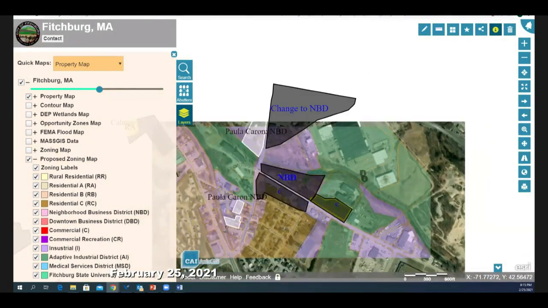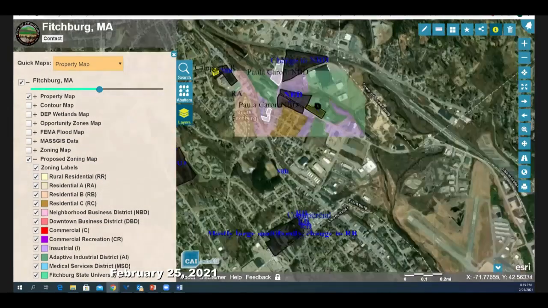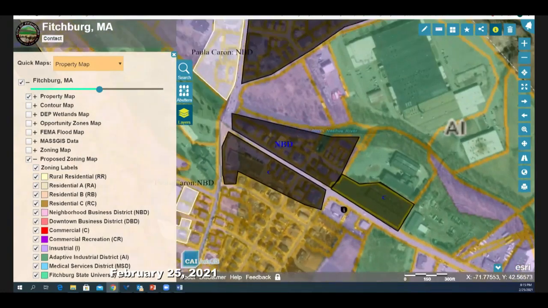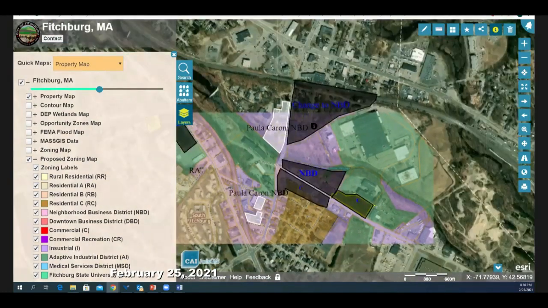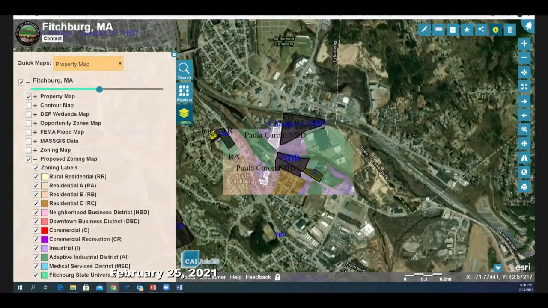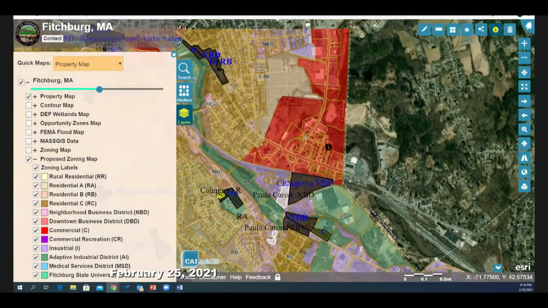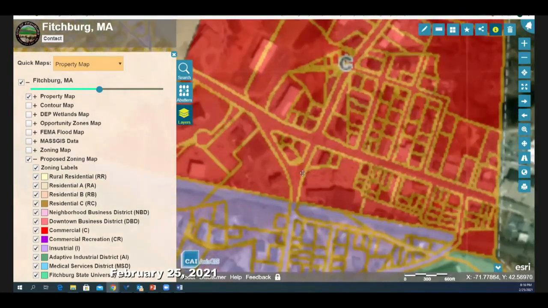Yeah, I'm fine with that. But can we go back to the John Fitch? I liked that idea of making that commercial. That strip, maybe on both sides of John Fitch, the first street fronting properties, like Councilor Van Hazinga suggested. I'm sorry, I'm not sure where you're talking about.